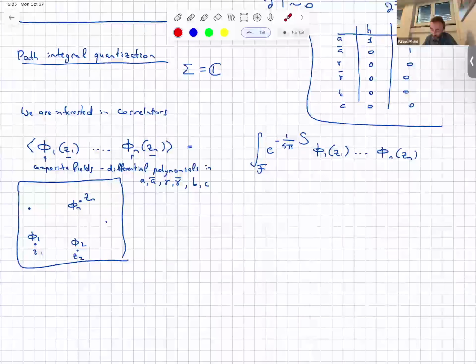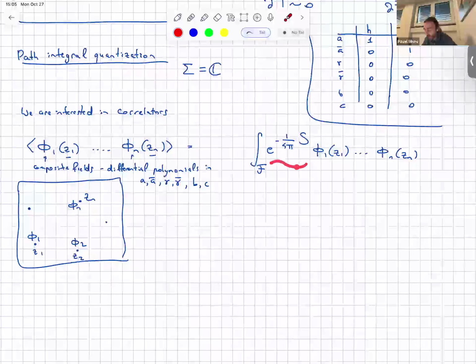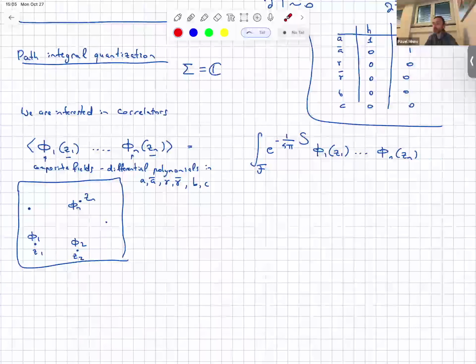I have expressions, functions on the space of fields, and I'm considering the product of these functions and averaging them with respect to a measure on the space of fields, a Gaussian measure, because S is a quadratic function. So I'm considering this Gaussian average.